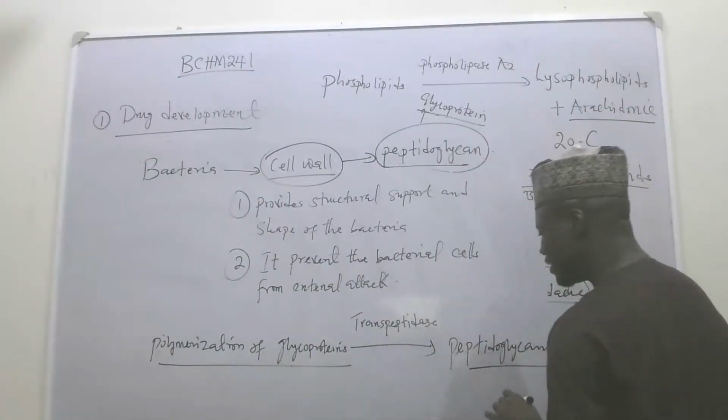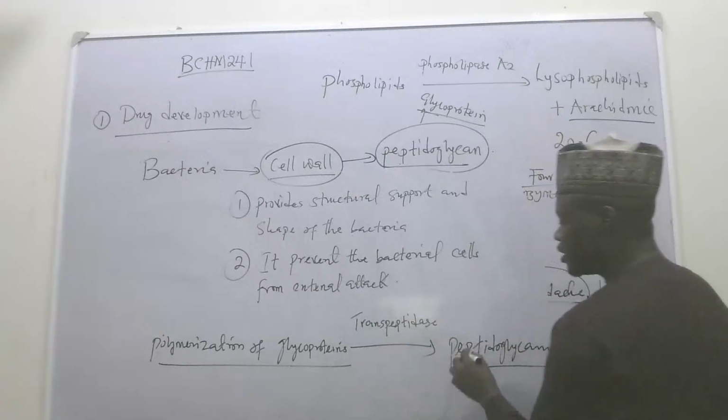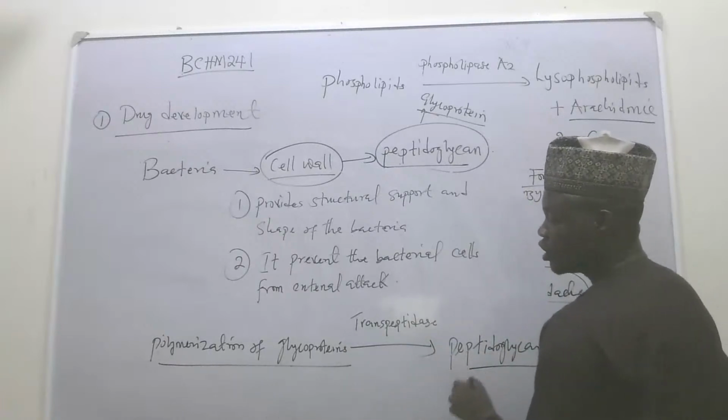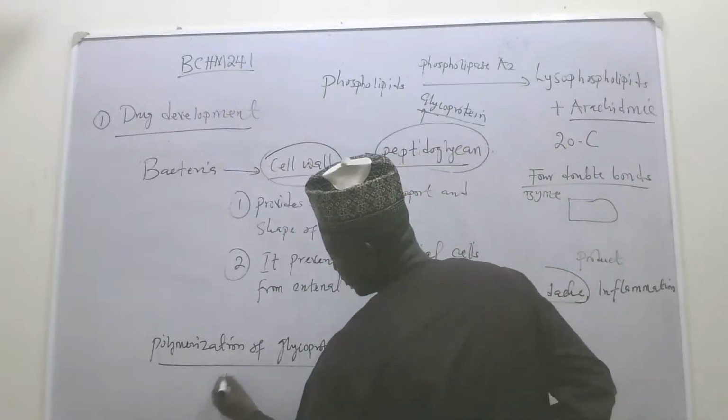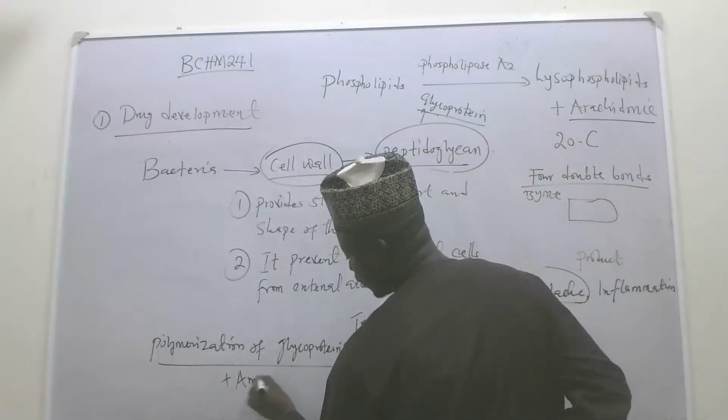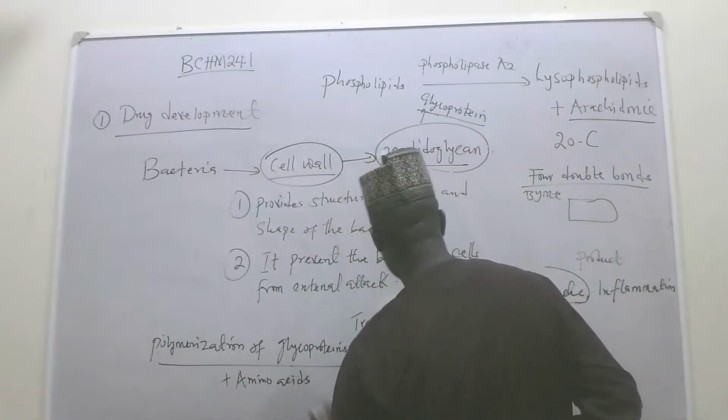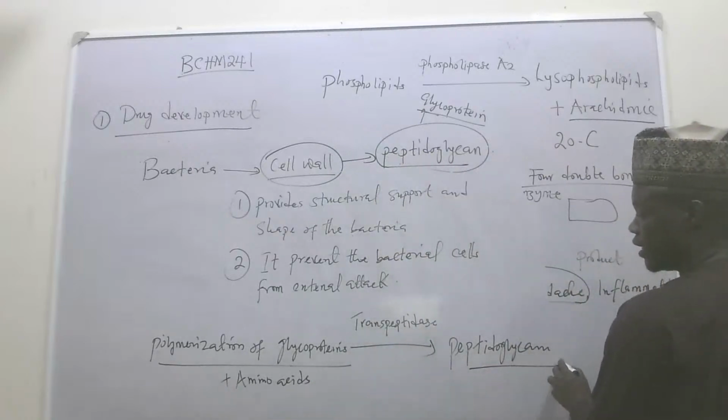So it means that this transpeptidase activity is where this glycoprotein joins with some amino acids to produce peptidoglycan.